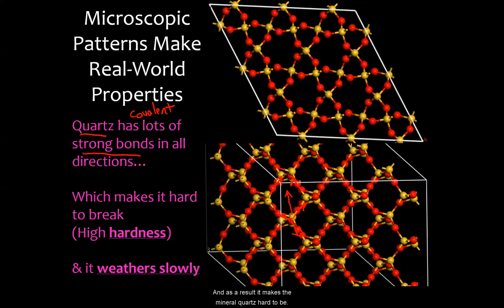And as a result, it makes the mineral quartz hard to break, meaning that it has high hardness. It also contributes to the fact that it weathers or breaks down at Earth's surface very slowly. Remember that for later. Quartz, as a result of the bonds in it, tends to have high hardness and it weathers very slowly, breaks down slowly under Earth's surface conditions. It doesn't dissolve, not easily anyway.